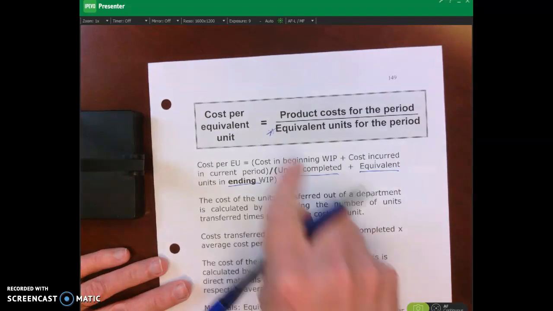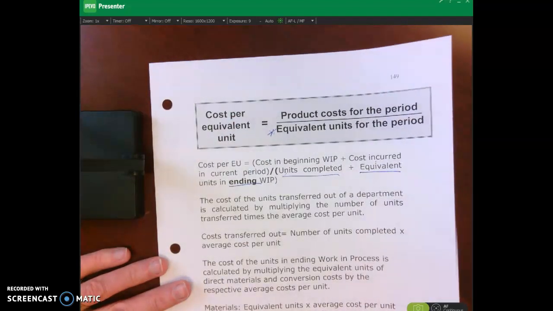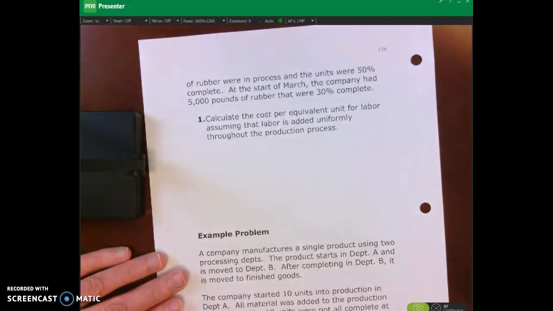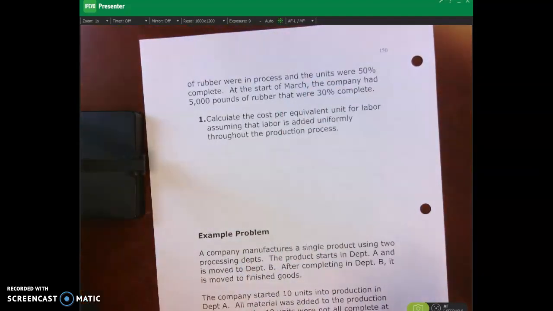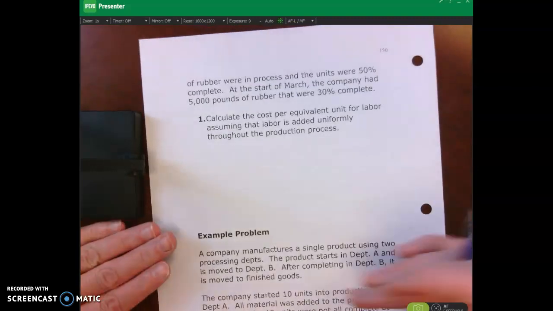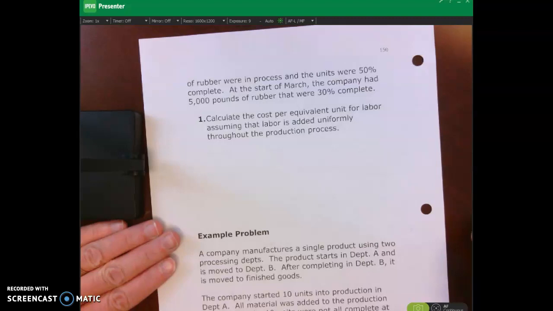Now we're going to calculate the cost per equivalent unit with respect to labor. This problem is only giving us labor, so that's why we're only going to do it for labor. In addition, the next problem we'll do it for labor and conversion.